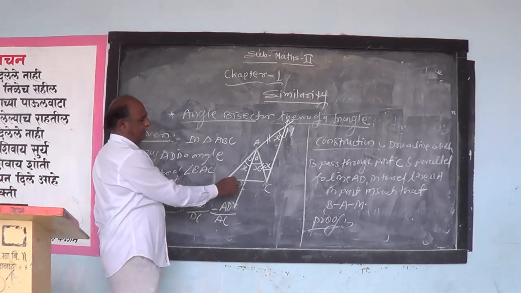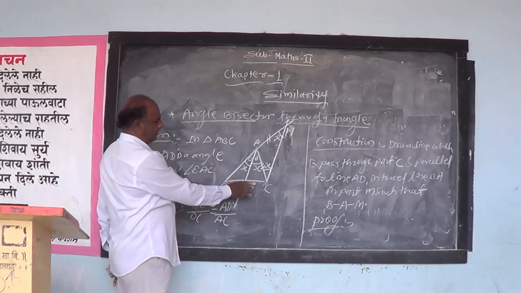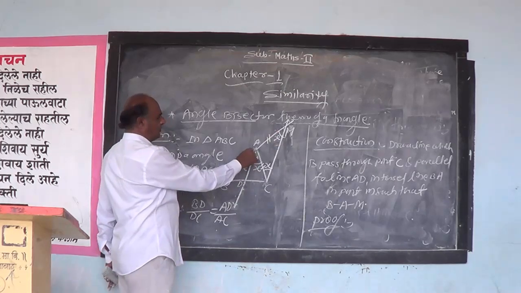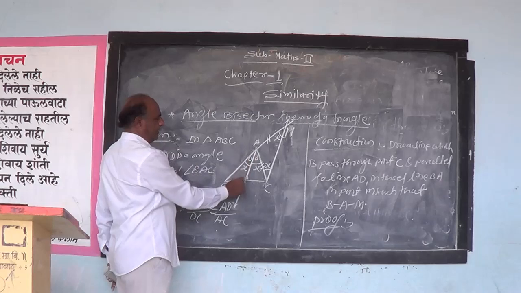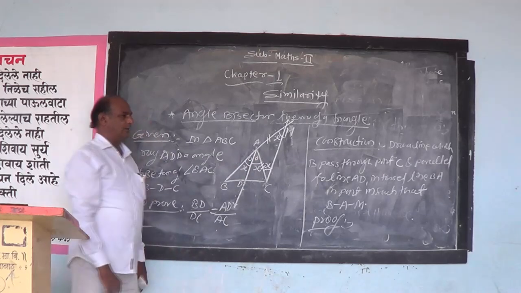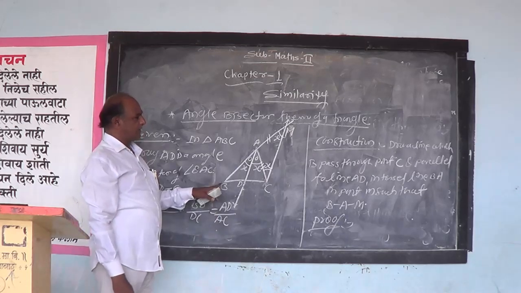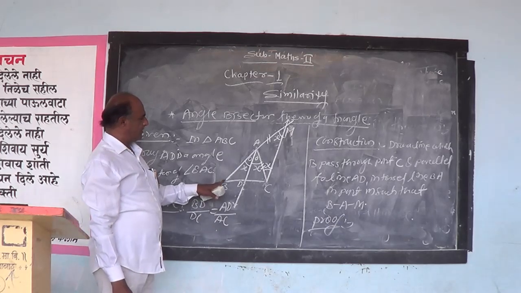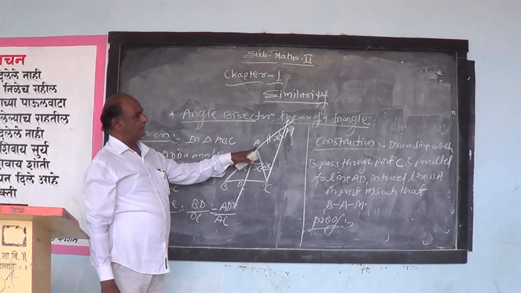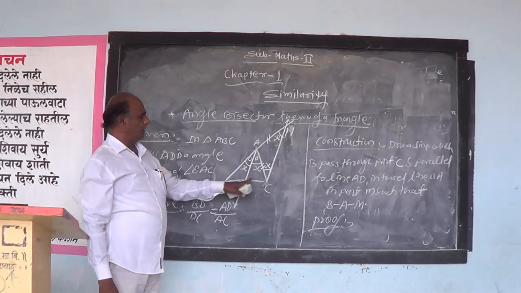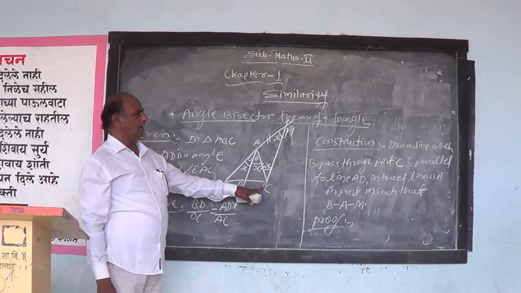Line AD intersects the remaining two sides, BC and BM, at distinct points A and D. Then by using the basic proportionality theorem, we get the relation BA upon AM is equal to BD upon BC.